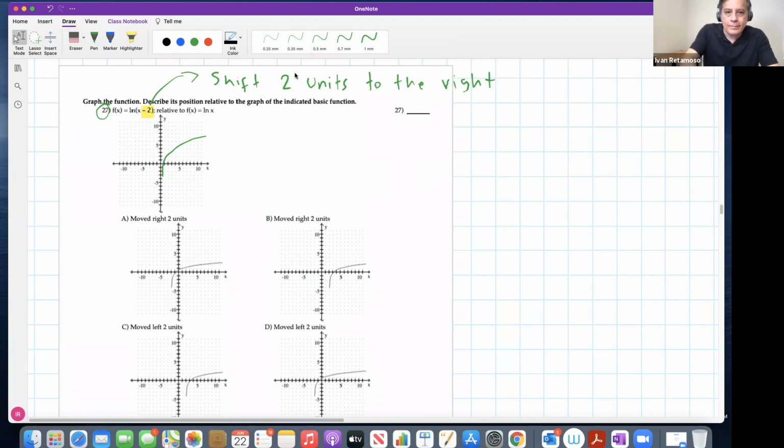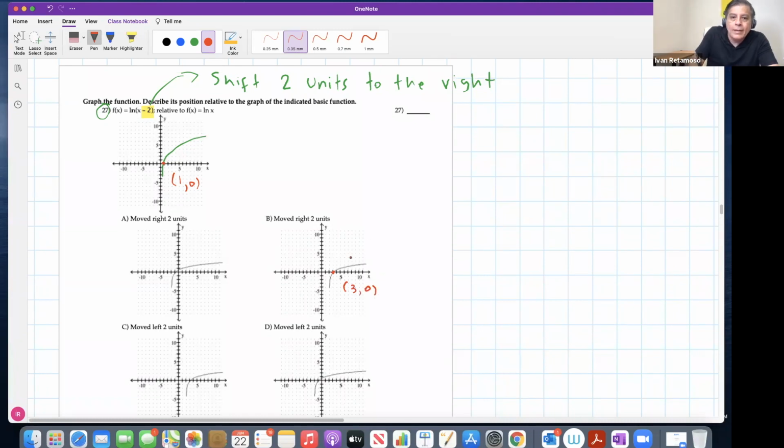Excellent. 2 units to the right means that this point, which originally has coordinates 1, 0, if you move it 2 units to the right, will appear at 3. So here, perfectly right, 1, 2, 3, this one is 3, 0.